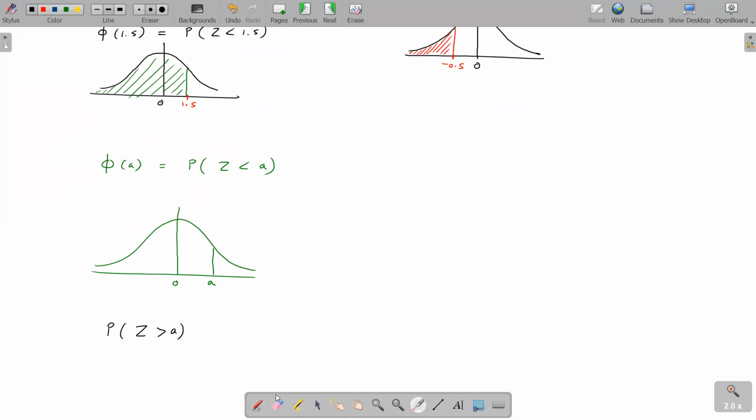Z is greater than a means you now need to go to the other end. So I'm now coloring the right side. So this is 1 minus phi a, because you know this area is phi a. The total area is 1, so this end should be 1 minus phi a. That's really important. Okay, guys?